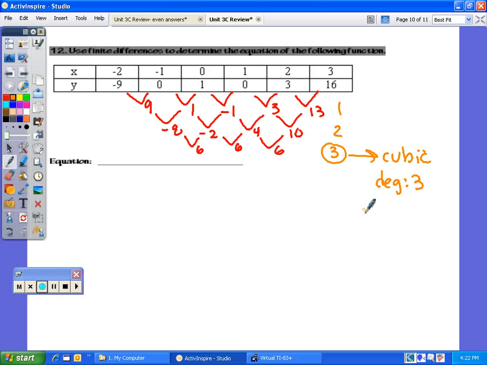And that means that you're going to go to Stat Calc number 6 in your calculator. And when you do that, they give you nice numbers, but they're all ones. So it's 1x to the third minus 1x squared minus 1x plus 1.